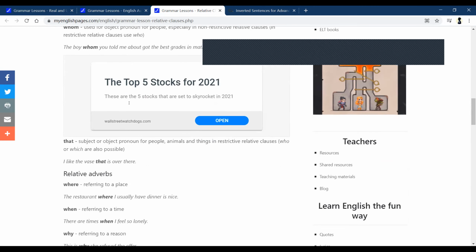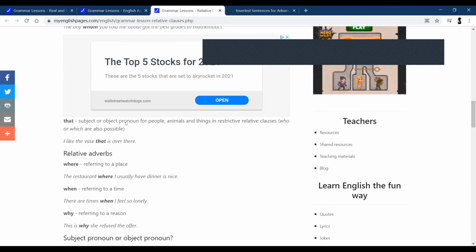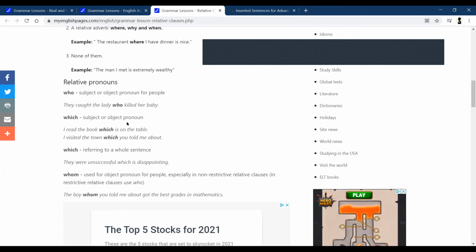For example, the room which he used to live in is empty now. So here we add a comma before the which clause, and after the short sentence we insert.